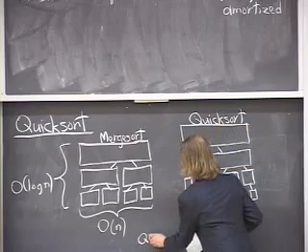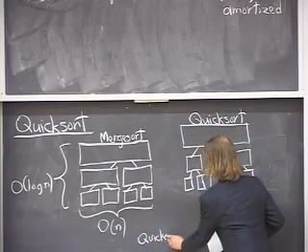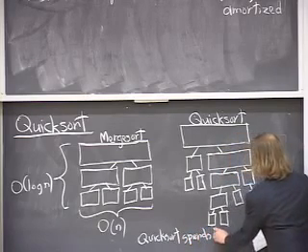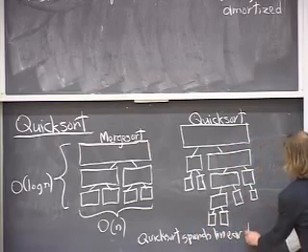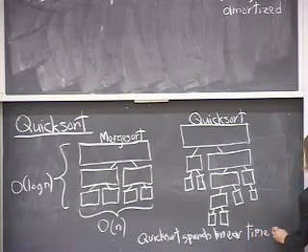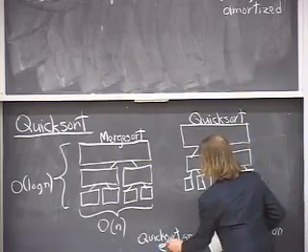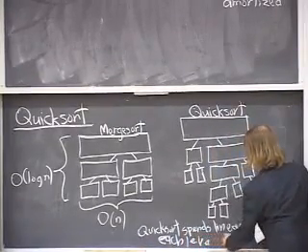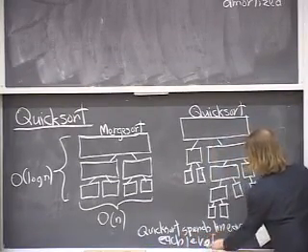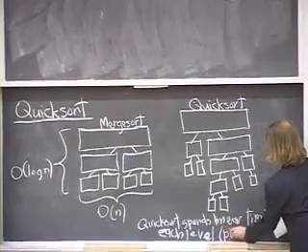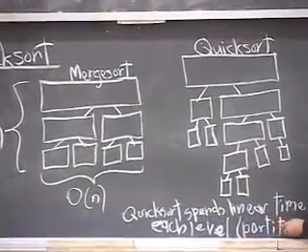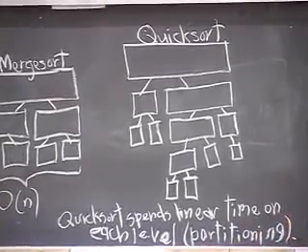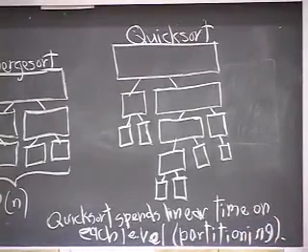Partitioning the lists. Quicksort spends linear time on each level partitioning the lists.